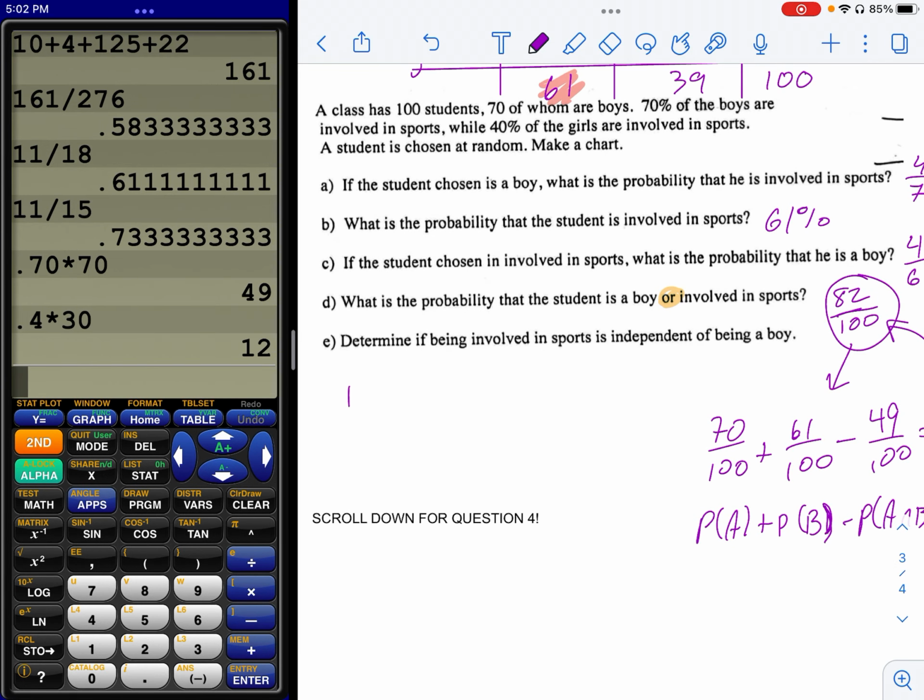All right, determine if being involved in sports is independent of being a boy. So if it is, then the probability of sports is not affected by being a boy or a girl, is essentially what this is asking.